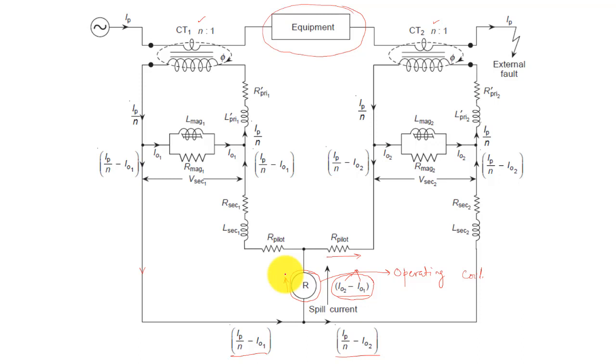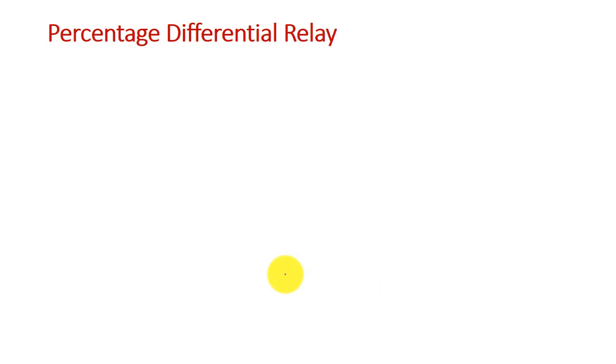In fact we cannot make the net torque 0, but we can reduce the impact of the through fault or external fault current, right. So how can we make it? That is why the concept of the percentage differential relay came into the picture.